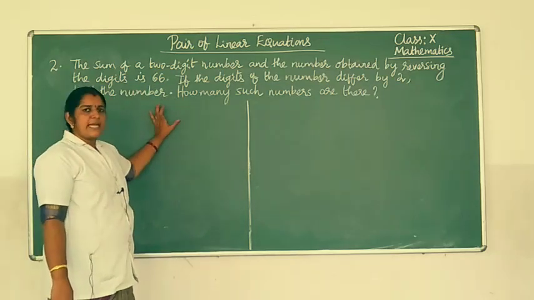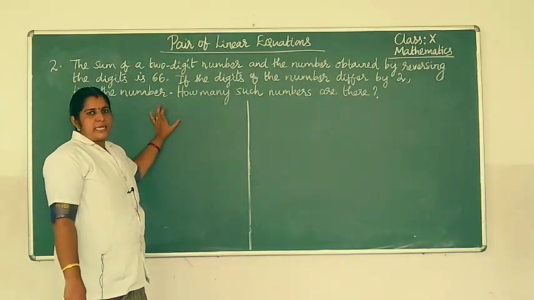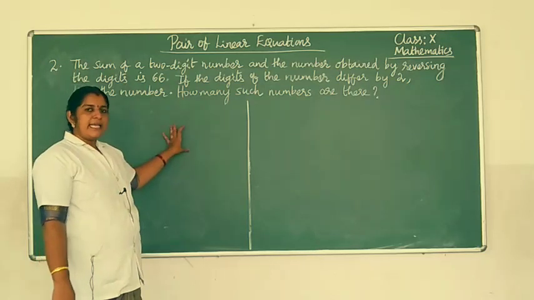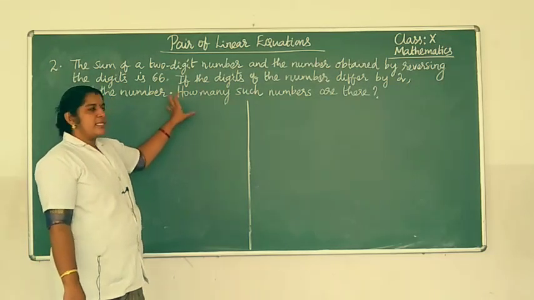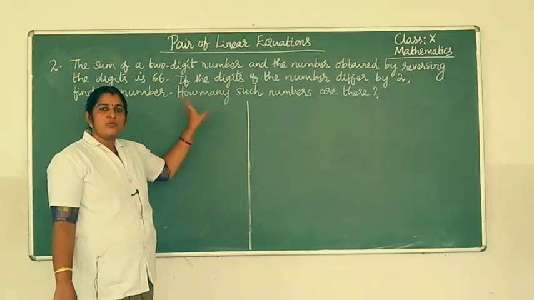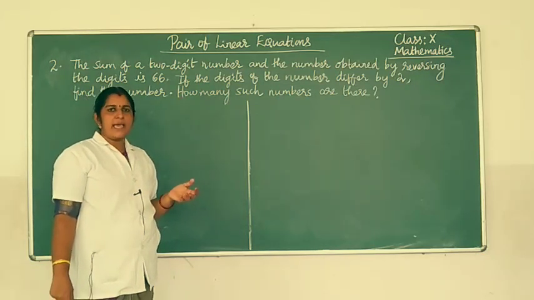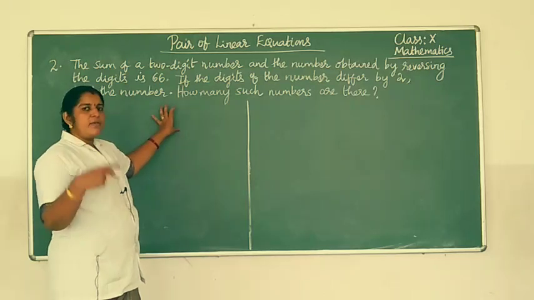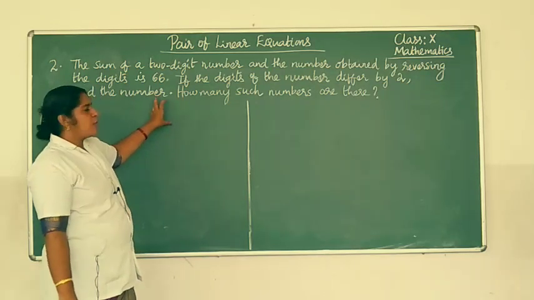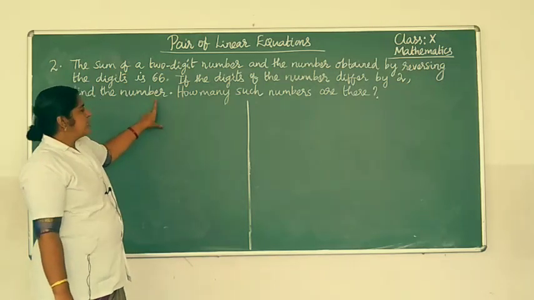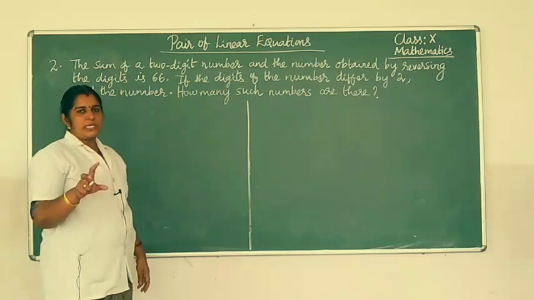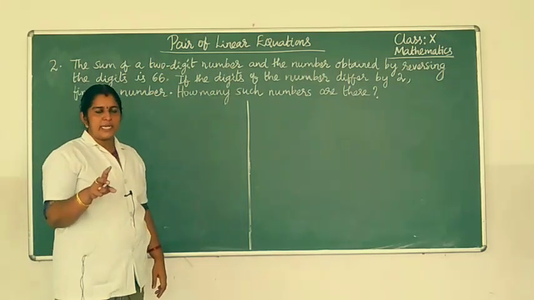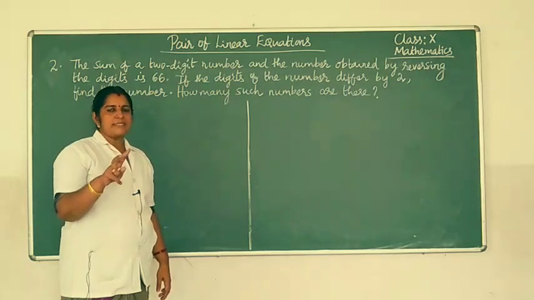So this question is actually about a two-digit number. You have learned earlier in 8th standard about this type of equations, about two-digit numbers, how we form a linear equation. So in that way you can easily understand how we are doing this problem. In a two-digit number we have two digits.